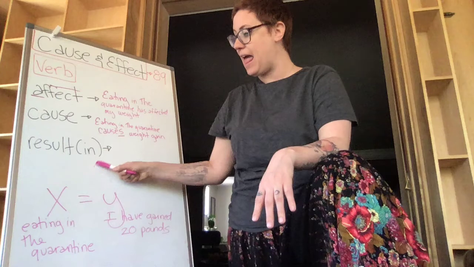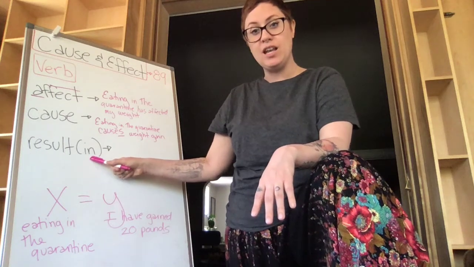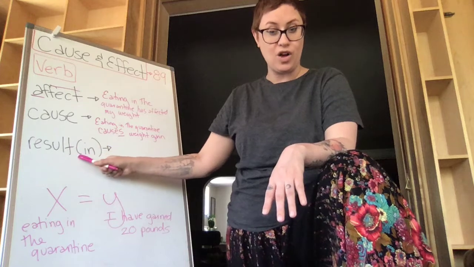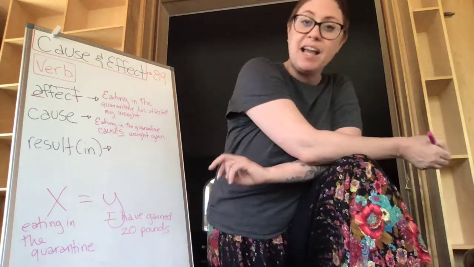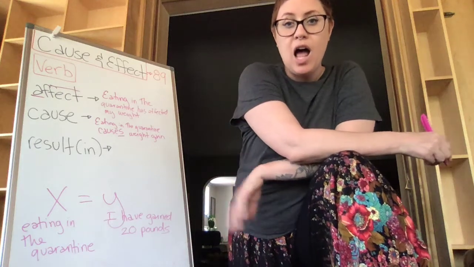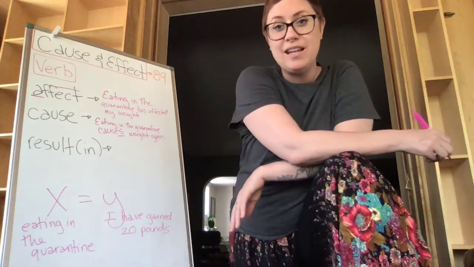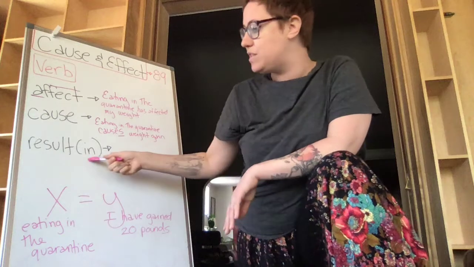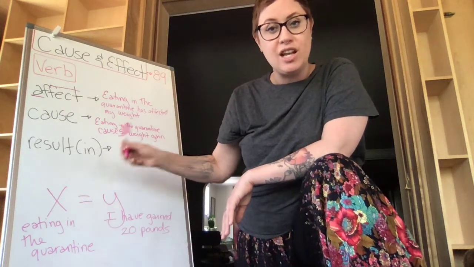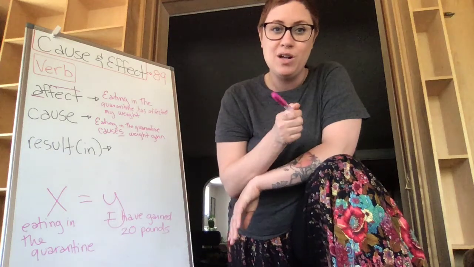Okay, the last verb is result or results in. So this is a preposition that collocates with this word results. I want to remind you of our lessons in level 7 about gerunds and infinitives. And remember, if we're using a verb that is an object of a preposition, it has to be in the gerund form.